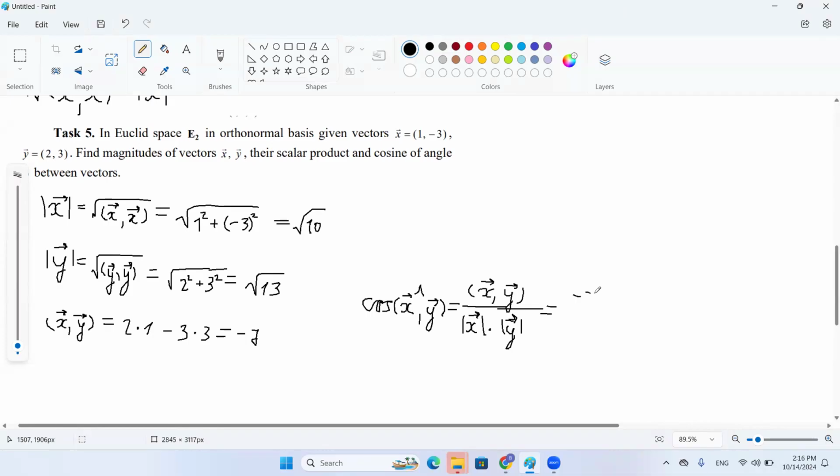Or minus 7 divided by square root of 10 by square root of 13.